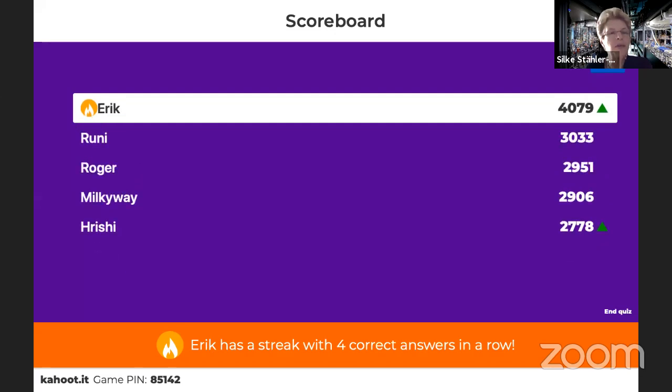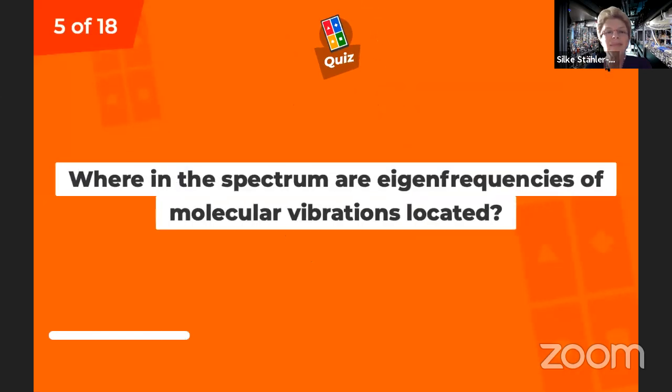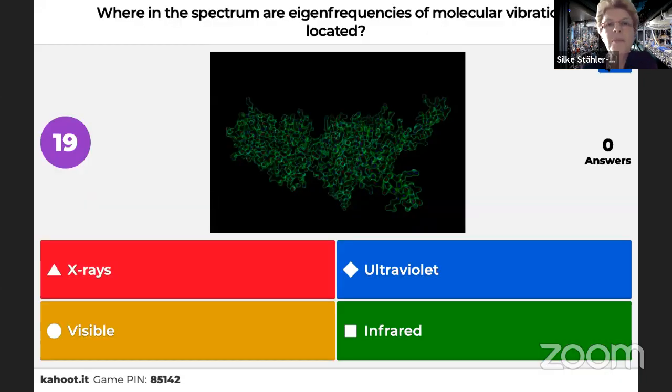Now Eric is first, Rooney and Roger. Where in the spectrum are eigenfrequencies of molecular vibrations located? That's again the talk of Joachim just before.